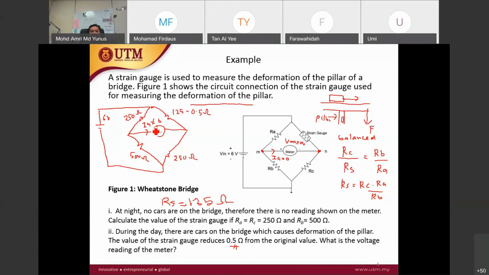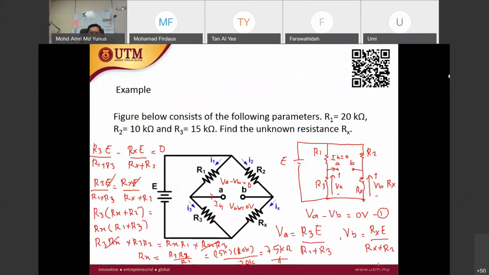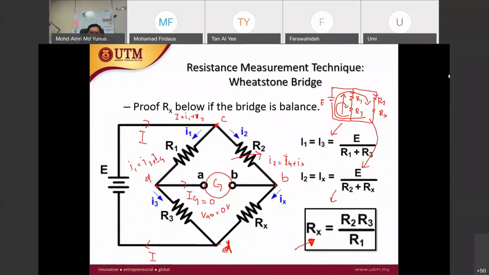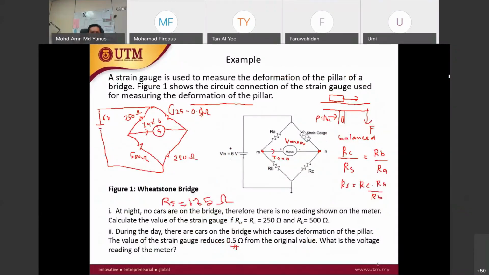So the answer is not that straightforward. Is there any information about the galvanometer? No, right? What is the usual value? Let's say the galvanometer RG.